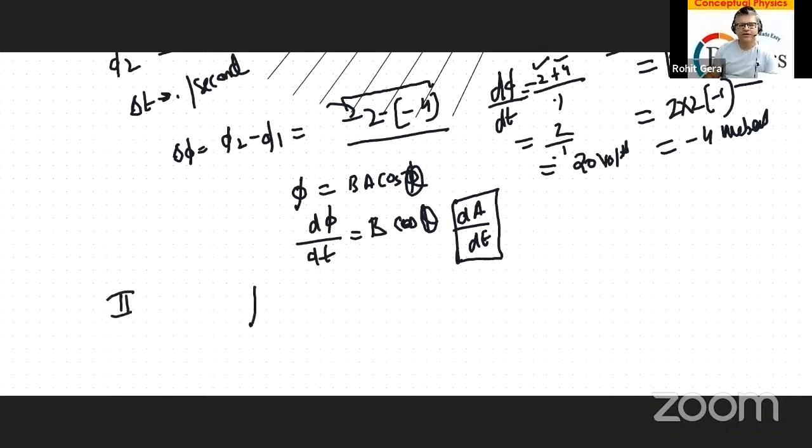Phi is equal to BA cos theta, and let's say d phi by dt. You're given a time variable magnetic field. So the magnetic field passing keeps on changing with time. Okay, so somebody said, okay, how? So B is equal to 2t.